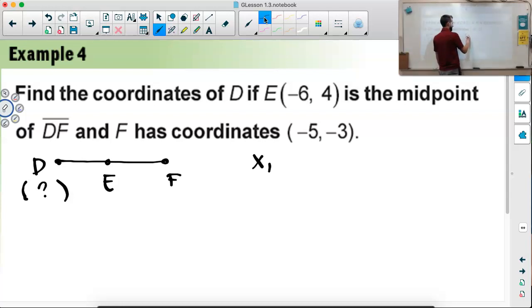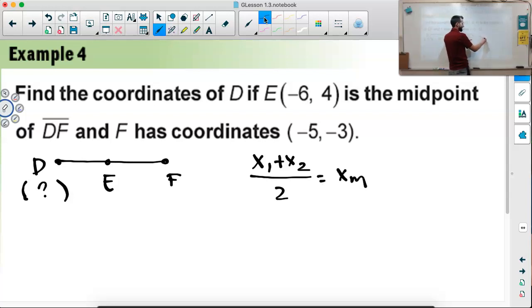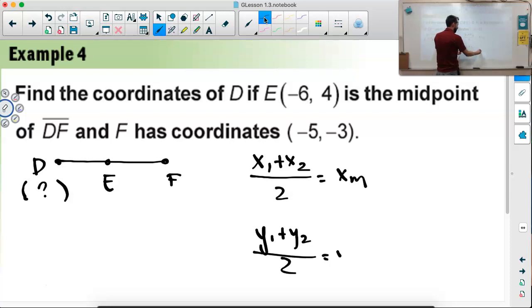It said this. If I take the two endpoints for x, and I add them together and divide by 2, that will give me the x midpoint. And if I did the same thing for the y values, the endpoints added together divided by 2 would give me the y midpoint. Sorry, that should be an m.